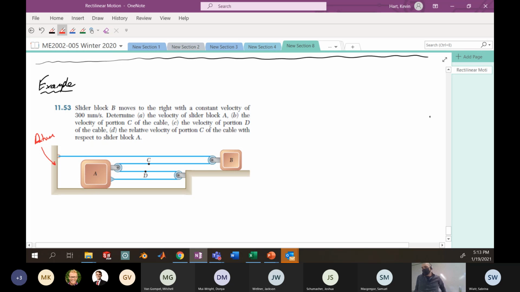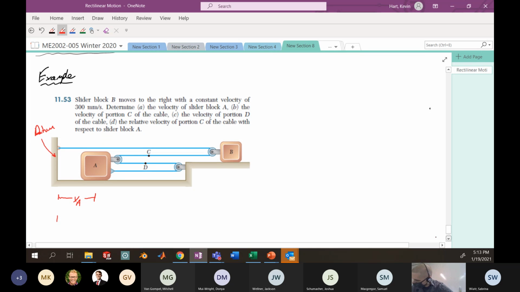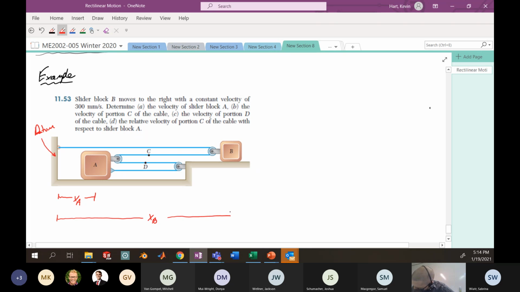Now we want to define the positions of our individual blocks relative to that datum. It's pretty straightforward. Here's x_A to block A, and then all the way out here I'm going to have a position of block B. That's all I really have at this point.